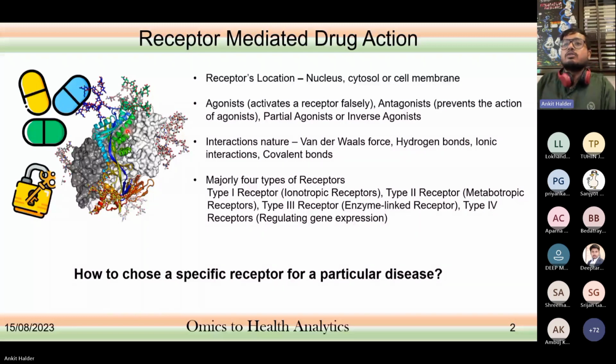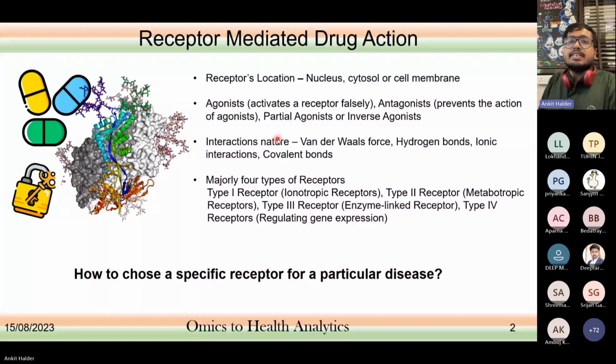The receptor can have different locations. One is your nucleus, it can be within the cytosol, or within the cell membranes. And in the methods of how it works, one is agonist or antagonist.